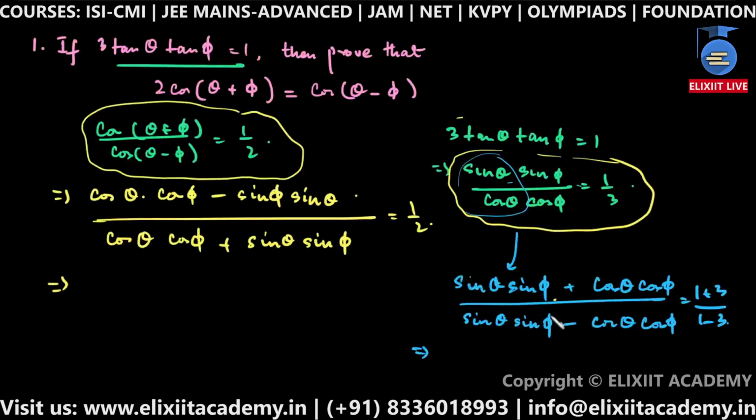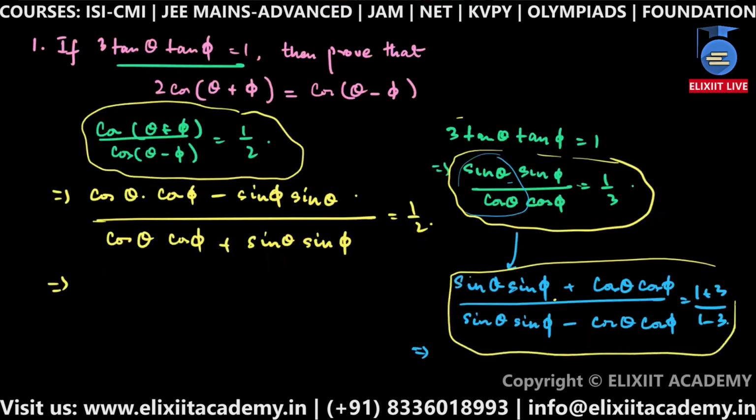So what you will do is, you just simply take a minus sign common and then simply reverse this from this particular step. Take a minus sign common, reverse this, you will get back this identity. Just simply take the minus sign common, reverse this.